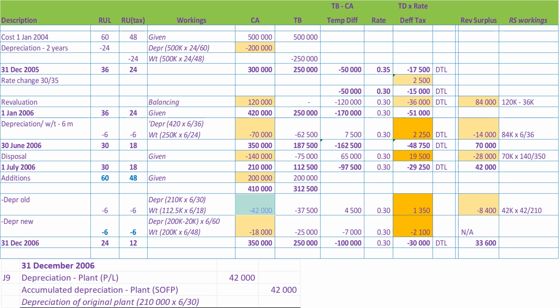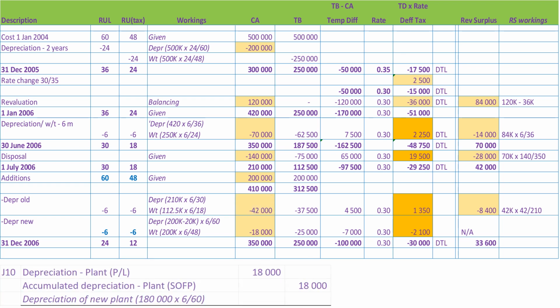For depreciation, you debit depreciation, profit or loss, and you credit accumulated depreciation, plant, statement of financial position. Our next entry involves accounting for depreciation of the new, of 18,000.